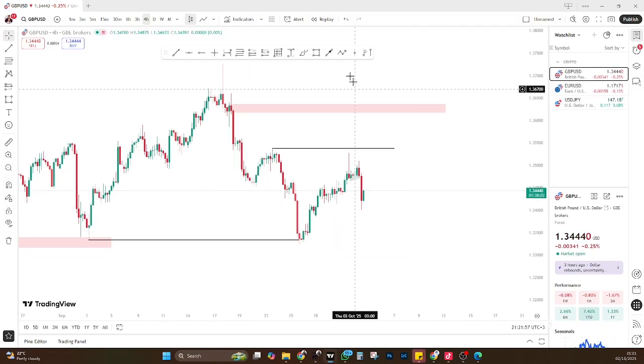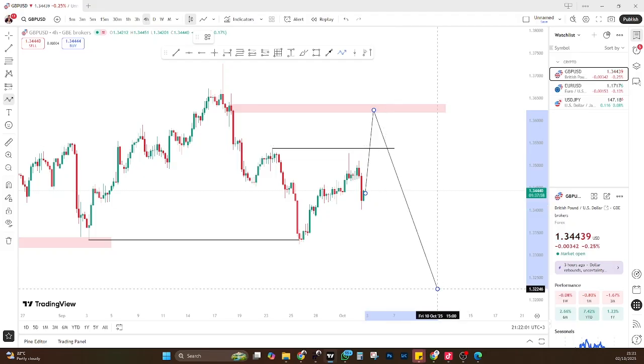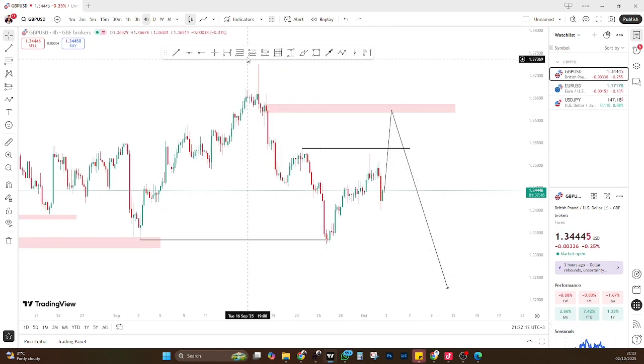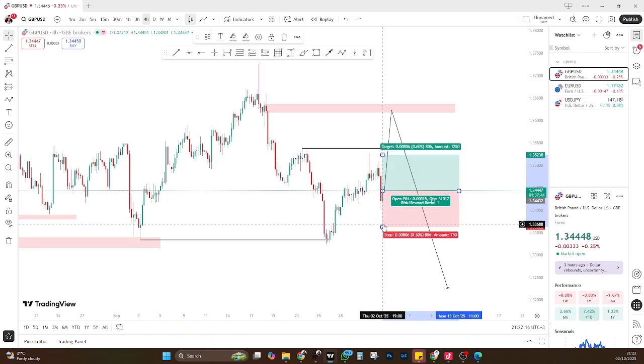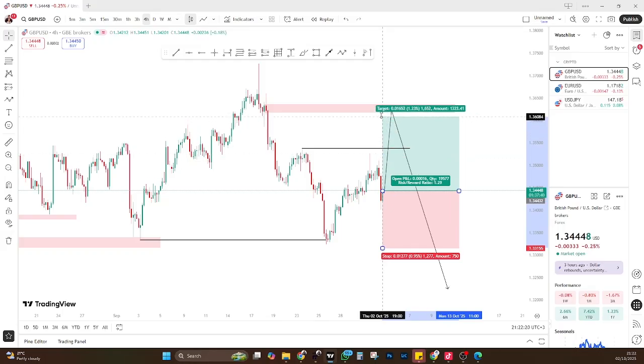But before that, we know that for this market to take out this low, that move must come from here. Must. So if you make your trade right and you put your stop loss there, you will never be stopped out until the market gets there.